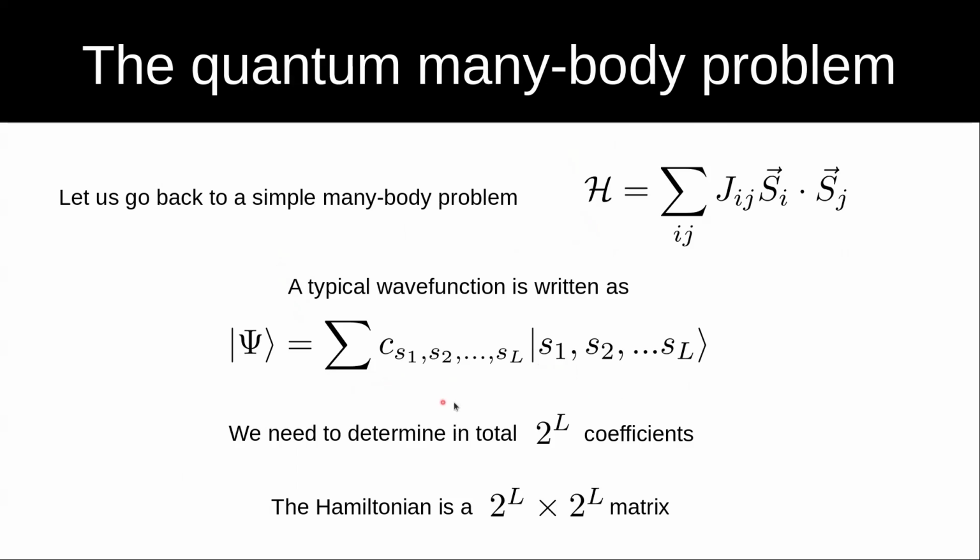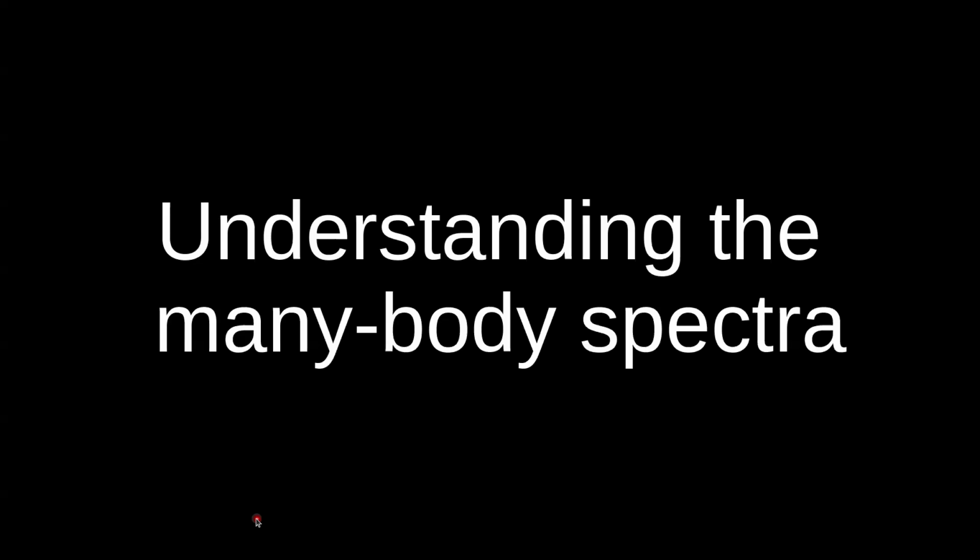So from a computational point of view, we just have to determine all these coefficients. And this is something that we will do with exact diagonalization for the small systems that we are going to consider. So our wave functions are going to have 2 to the L coefficients, and our Hamiltonians are going to be effectively 2 to the L times 2 to the L matrices.